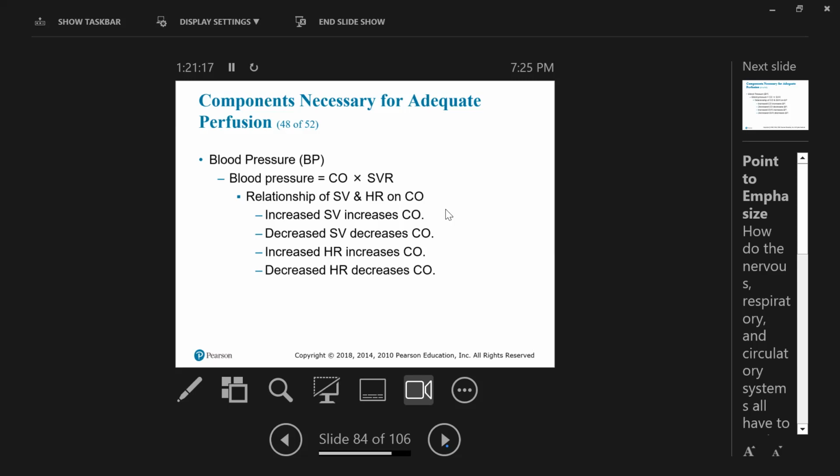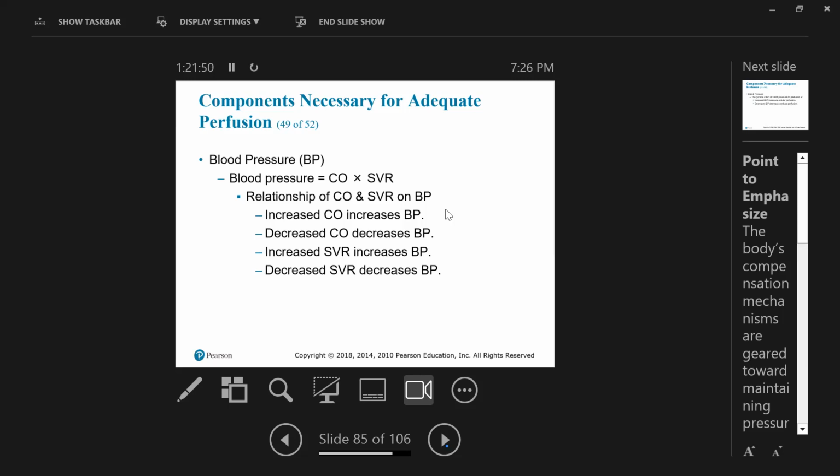An increase in systemic vascular resistance increases cardiac output, and a decrease in systemic vascular resistance also decreases cardiac output. An increase in heart rate increases cardiac output, and a decrease in heart rate actually decreases cardiac output. So it's the same thing, we're just renaming it at this point.